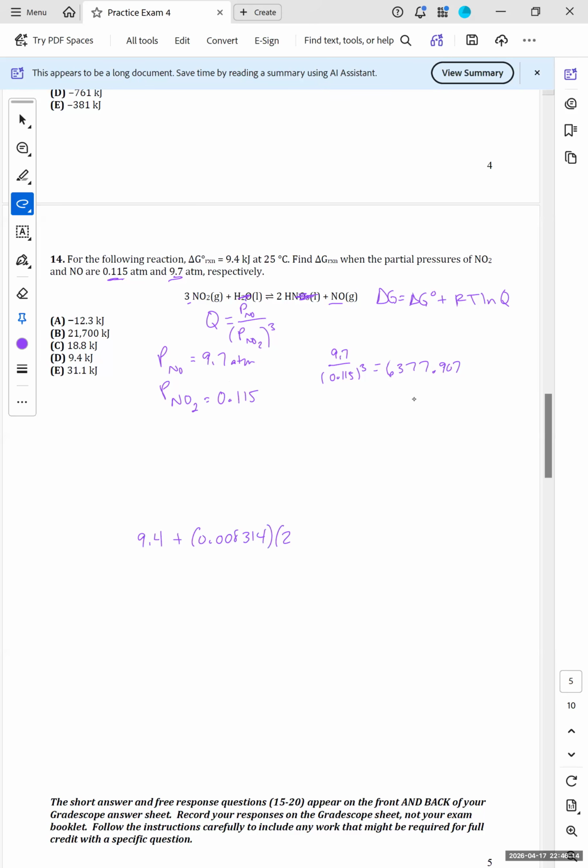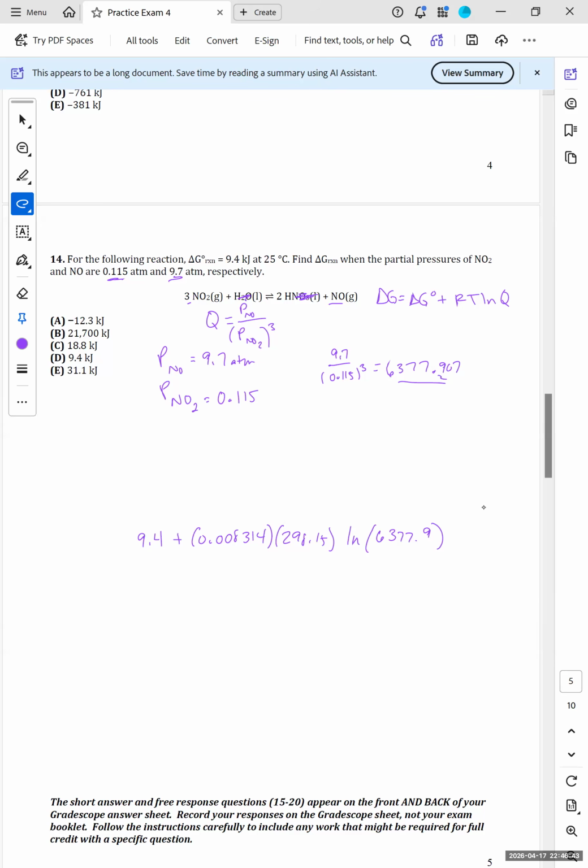And then the temperature was given as 25, so that's 298.15. And then I've got natural log of my number here, 6,377. I'm going to keep at least one extra digit. So you should be able to throw all that in.